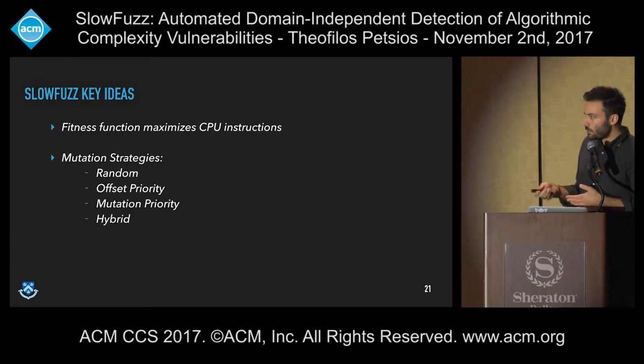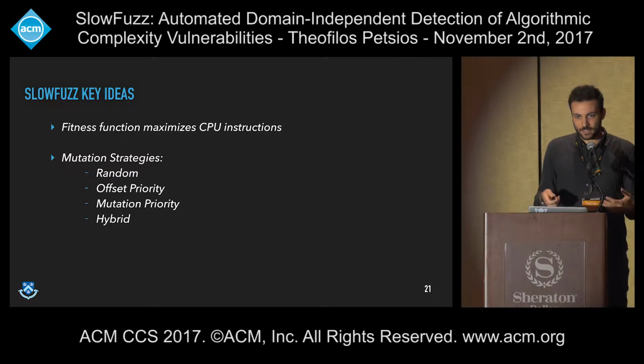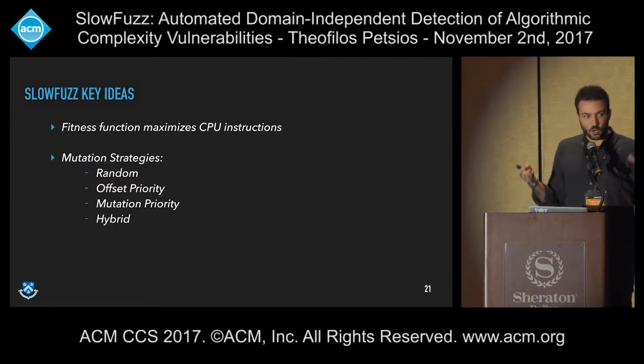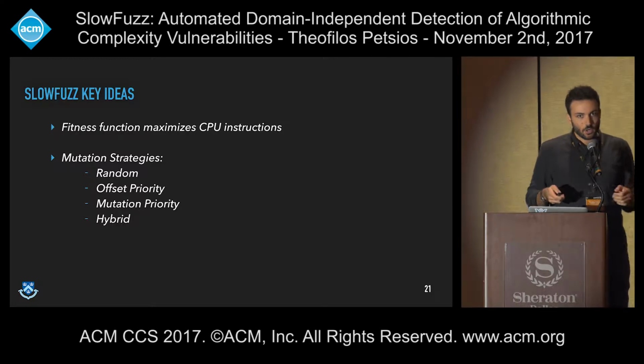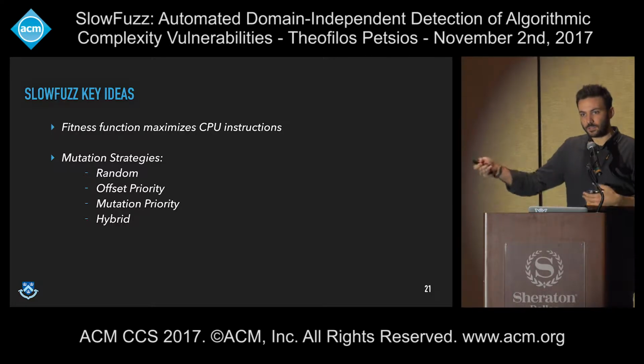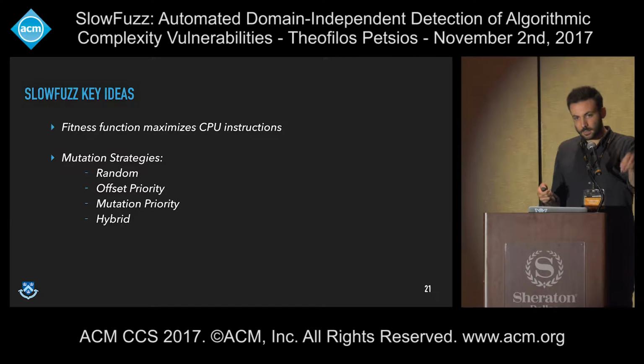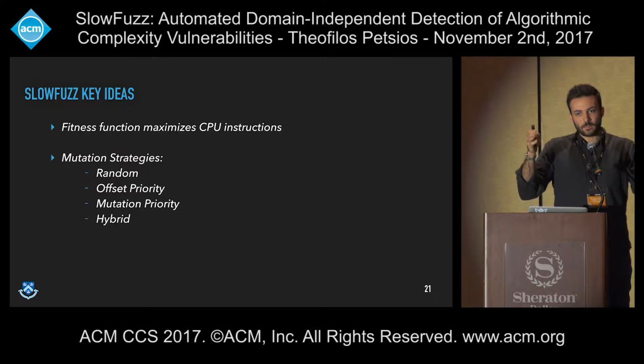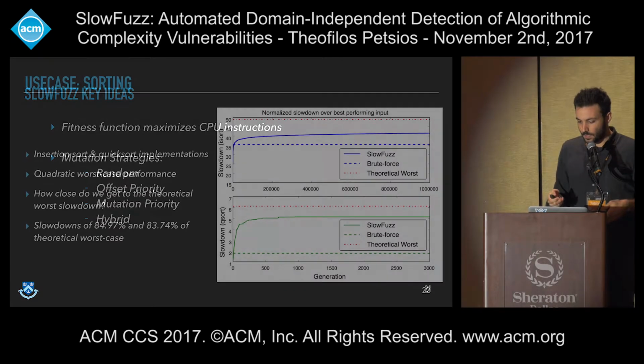So what we do is we insert some probabilistic attributes to our mutations. With some probability, we will pick some mutations based on their success. We could prioritize based on the offsets of the input that we want to mutate, or we could prioritize based on certain mutations that have been shown effective in that particular application. Or we could say that for certain portions of the input, certain mutations are more effective.